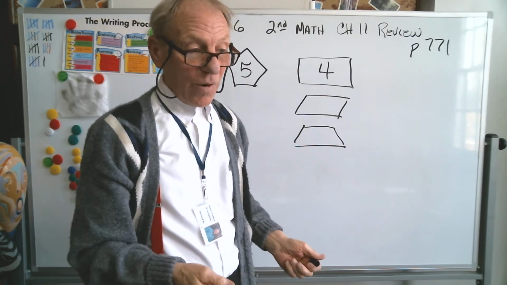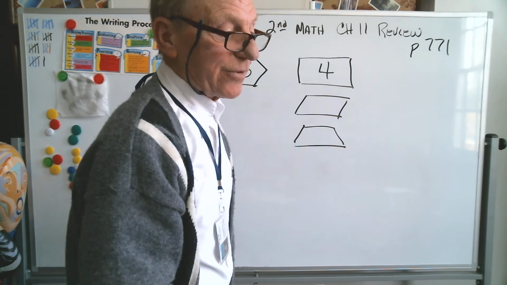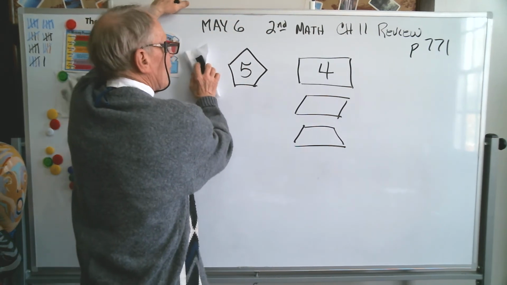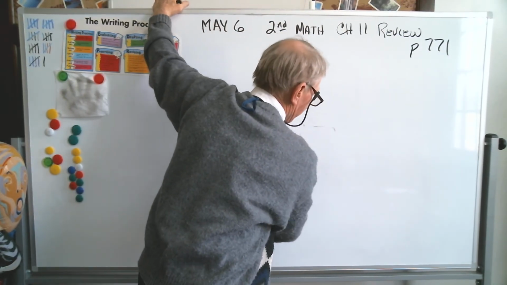So 5 plus 4. Altogether, the least amount of toothpicks in order to make a pentagon and a quadrilateral would be 5 plus 4, which equals 9.